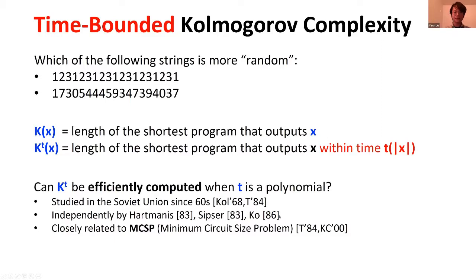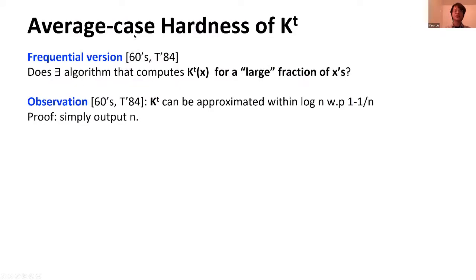It is closely related to the minimal circuit size problem. Let us introduce the notion of average-case hardness of K_t. In fact, this problem was also studied in the Soviet Union in the 60s, where they called it the frequential version of computing K_t. The question is whether there exists an algorithm that computes K_t of x for a large fraction of x.